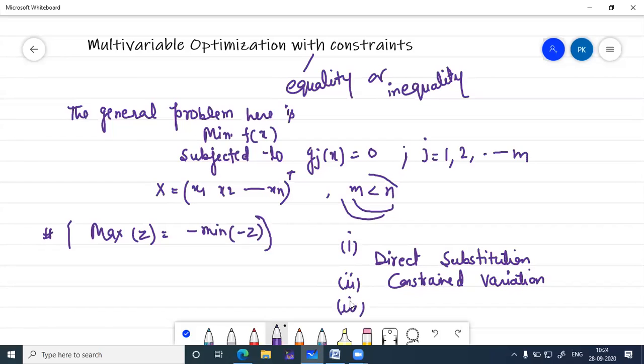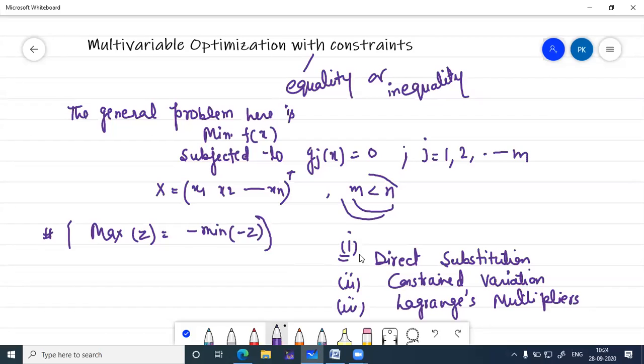And the third method is the method of Lagrange's multipliers.